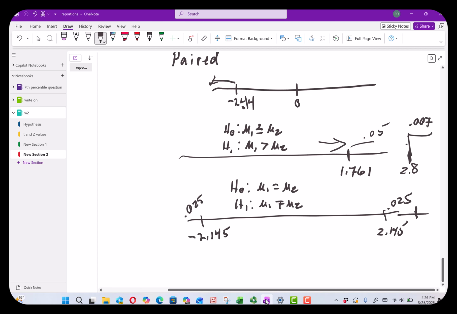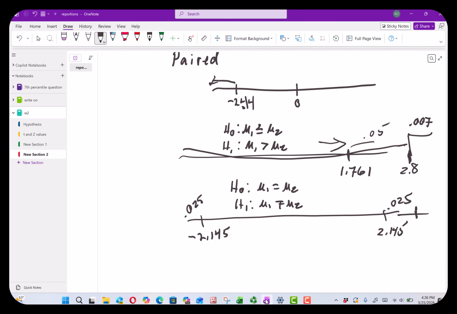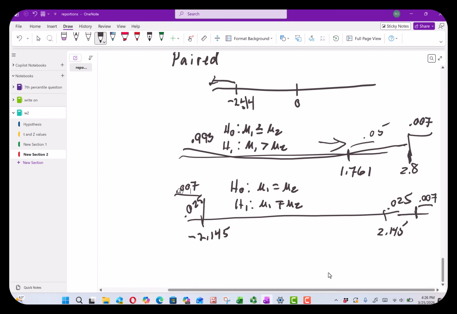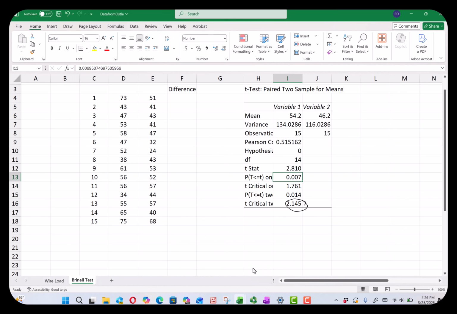The actual return command would be 0.993, and 1 minus that is 0.007. For the two-tailed, we have the same probability in the tail, 0.007, but since it's two-tailed, we have to add the other end, 0.007, which gives us the 0.014. So it's just 0.007 doubled. Always double it when it's a two-tailed test.